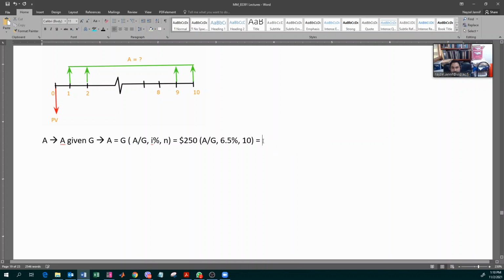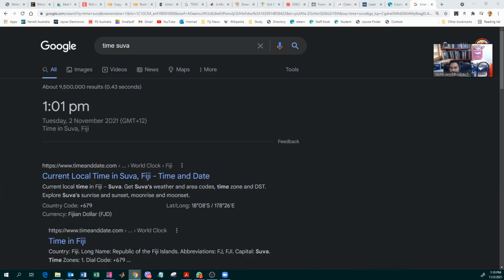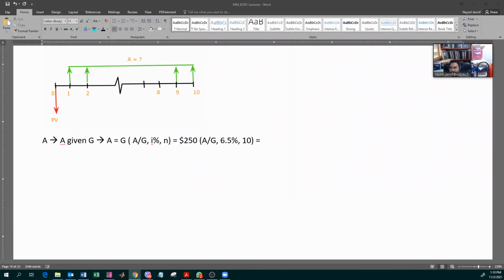Now I want you to go into your formula sheet and find what the A given G formula is. Remember, we'll always use the same formula sheet. It's a standard formula sheet. We want to use A given G.